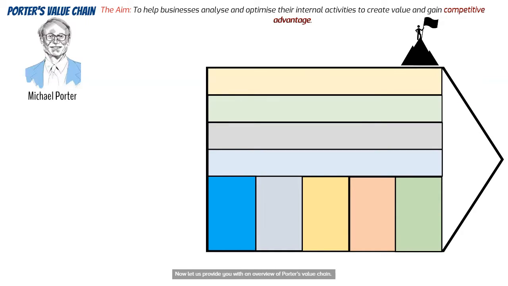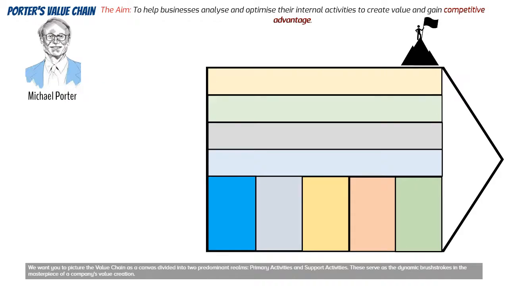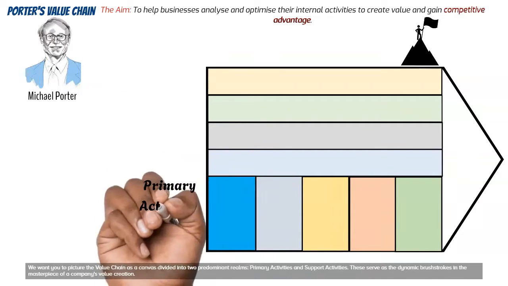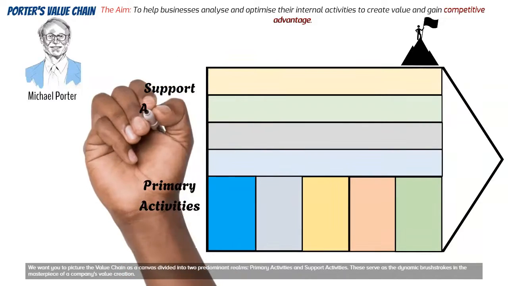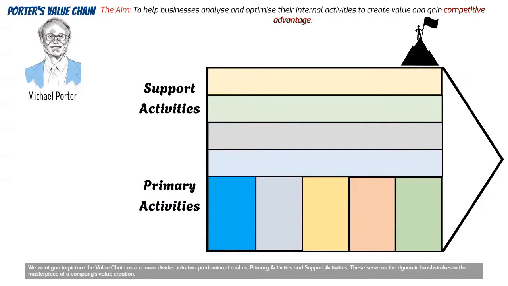Now let us provide you with an overview of Porter's value chain. We want you to picture the value chain as a canvas divided into two predominant realms: primary activities and support activities. These serve as the dynamic brushstrokes in the masterpiece of a company's value creation. The heartbeat of the value chain lies in the primary activities, each pulsating with significance in the journey from conception to delivery.